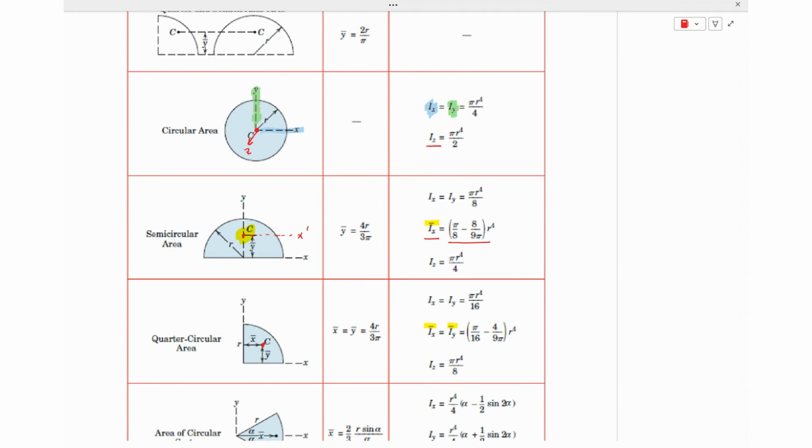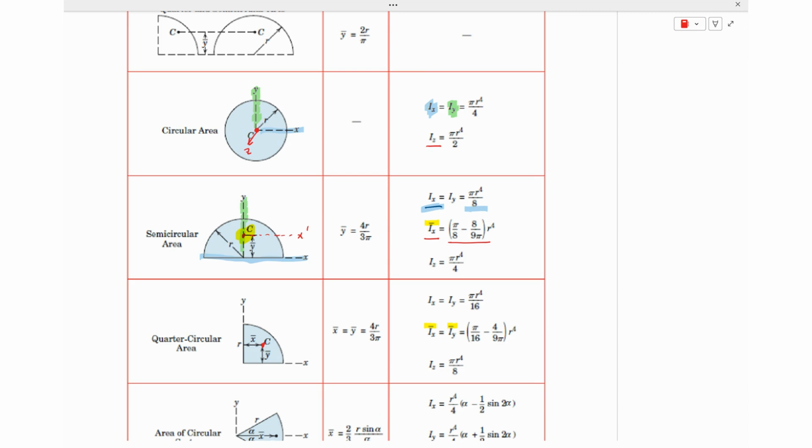If you look directly at the Ix down at the bottom here, that's the x-axis, and that's the value for that one, and the same thing if you were to go here. So oftentimes this table basically builds out for us what the moment of inertia is.